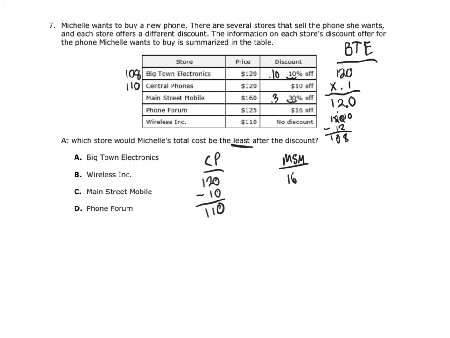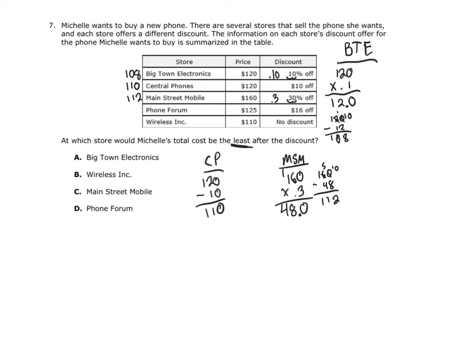So now we do 160 times 0.3. There's one decimal, so we get $48. So now we need to subtract 160 minus 48, since it's a discount. That becomes 10, that's a 5. So we get 112.